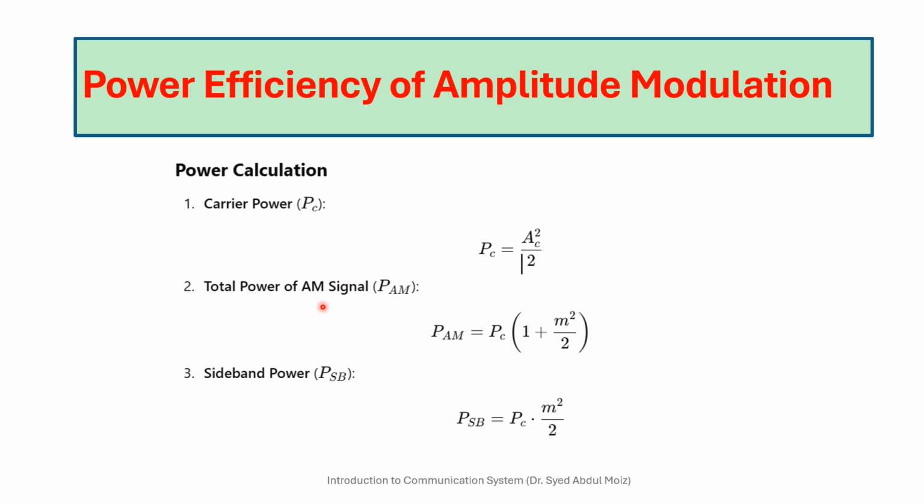Similarly, the total power of AM is equal to Pc multiplied by (1 + m squared/2), where the sideband power P_SB is equal to Pc multiplied by m squared/2. Now we have all three pieces of information: the carrier power, the total AM power, and the sideband power. It will help to determine the power efficiency in the next slide.